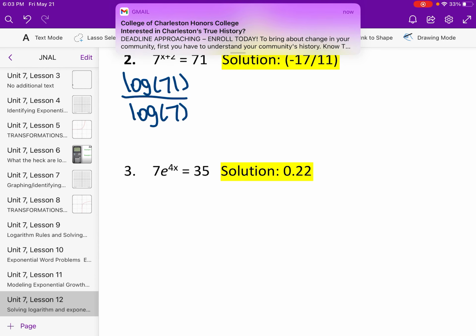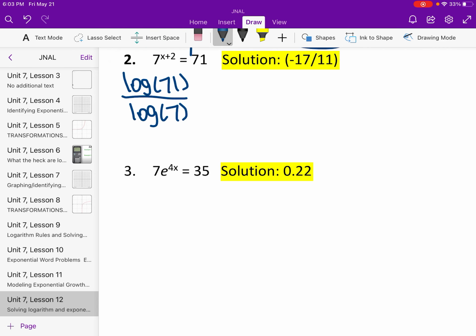So logarithm of 71 divided by logarithm of 7 equals approximately 2.2. So we can say 7 to the approximately 2.2 power equals 71. Let's see. You get 72, so it's almost there.